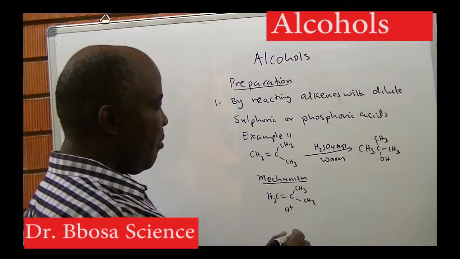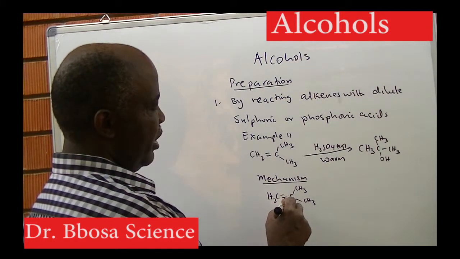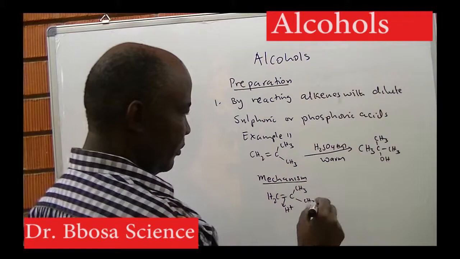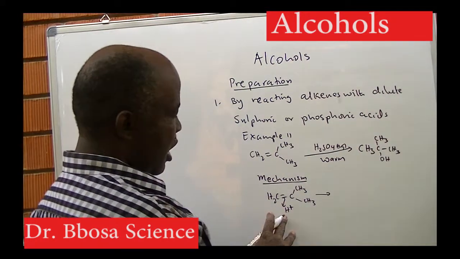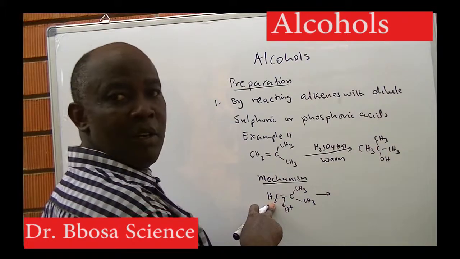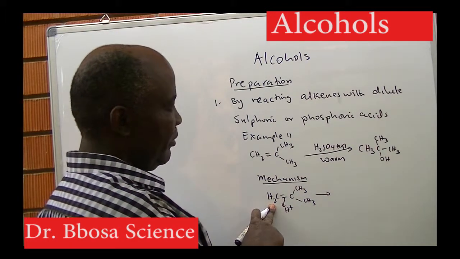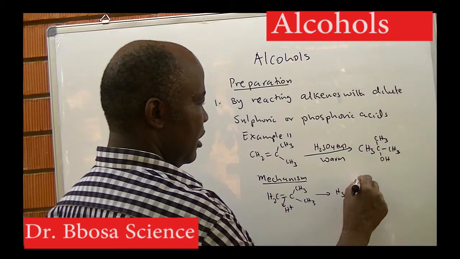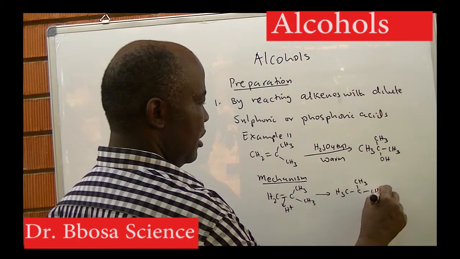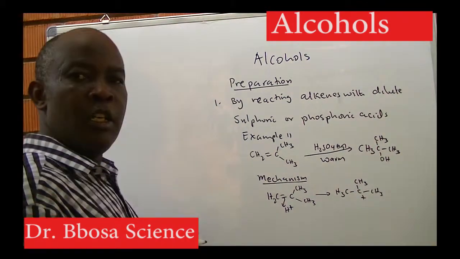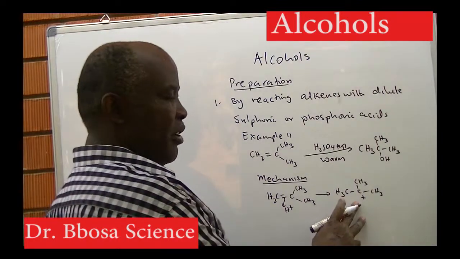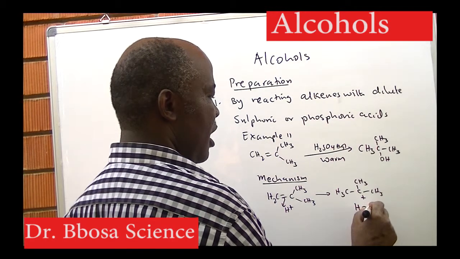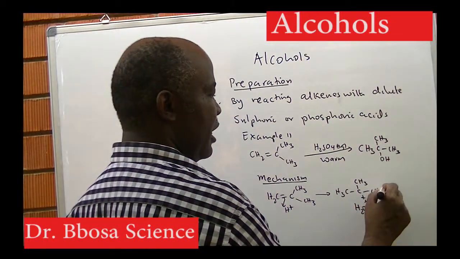One of the double bonds breaks, and a pair of electrons is donated to a proton from sulfuric acid. Hydrogen ion goes to the carbon atom with the highest number of hydrogen atoms. So you get a positive charge on the carbon atom with the least number of hydrogen atoms. Water uses a pair of electrons to react with the positive charge.